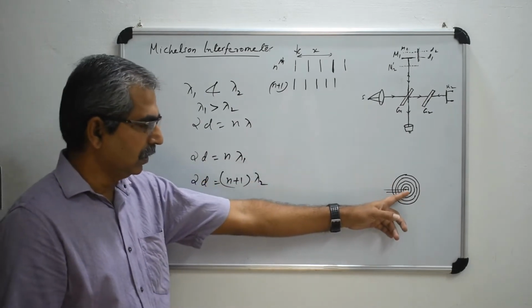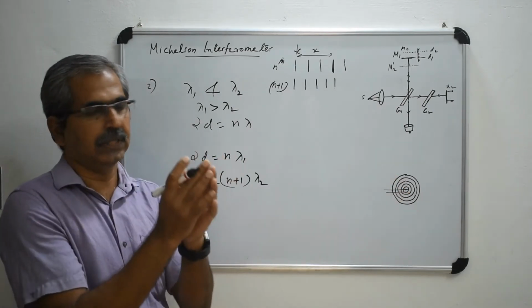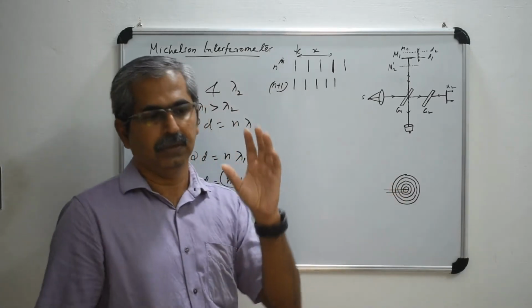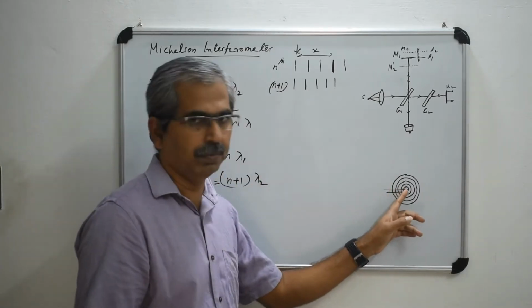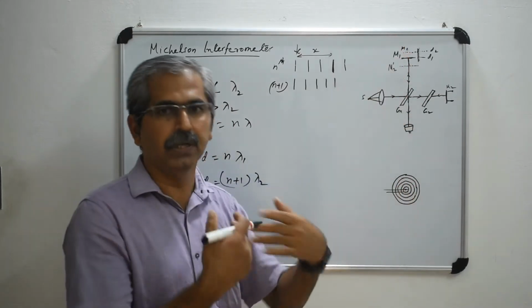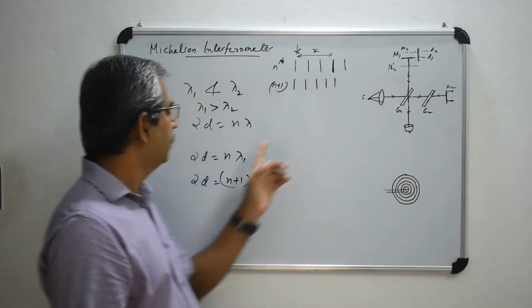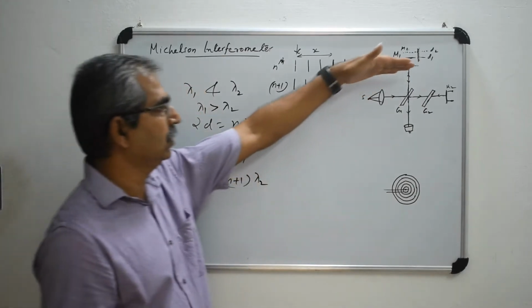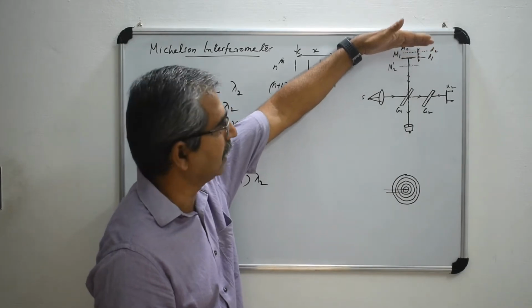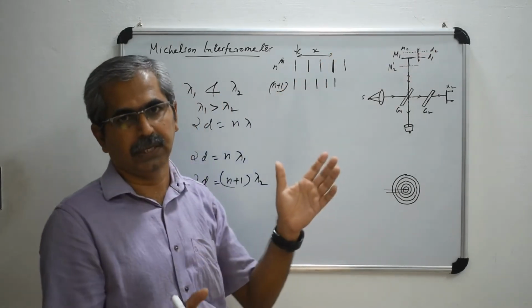So I think you got the idea. Initially both rings are coinciding at the center. You have a clear one. The bright, dark and bright rings will be observed at the center. Now you are moving it. It will become blurred. Now after you have moved through a certain distance d, again it will become clear.